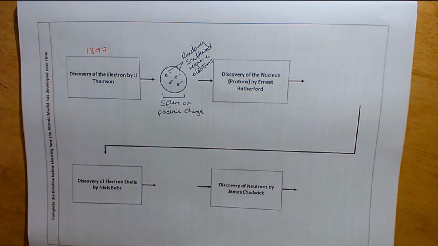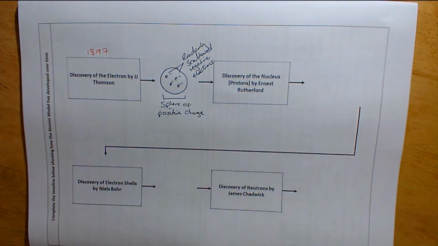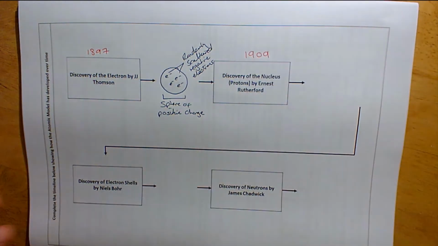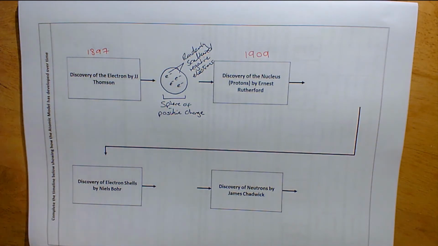Okay, and then it wasn't until 1909 that Ernest Rutherford did his alpha scattering experiment, where he was firing alpha particles at gold foil, and he found that most of them went through, telling him the atom was predominantly empty space, but 1 in every 8,000 was being deflected off of something in the very, very center, and he discovered the nucleus.